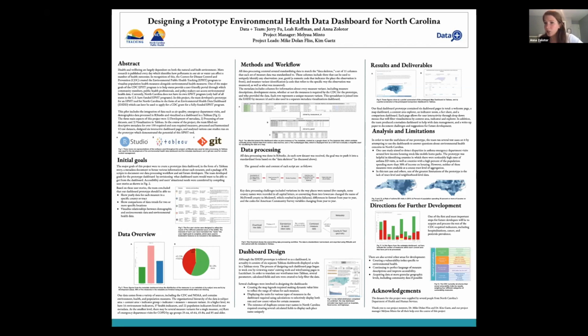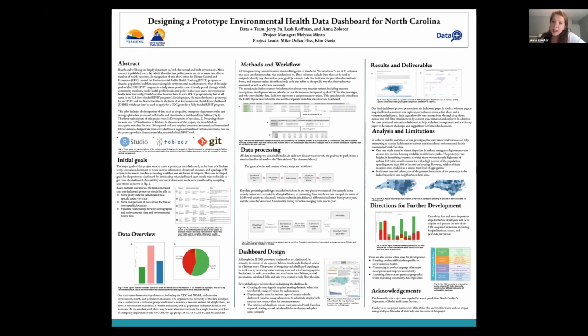This is a national program, but 26 different states, as well as New York City, also have their own programs, but North Carolina doesn't yet have one. So we've been working with one of the departments in the Division of Public Health in North Carolina to create the prototype so that they can actually apply for a grant to have a fully funded model.